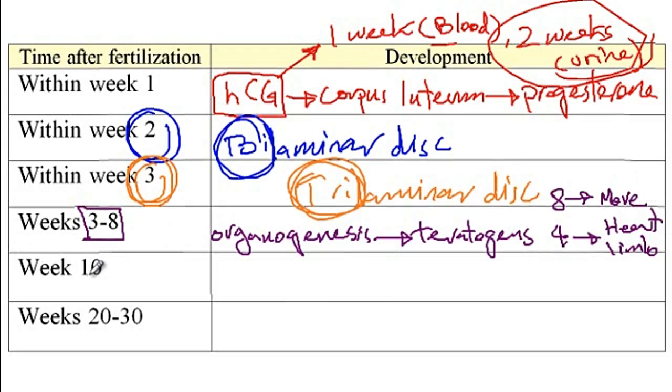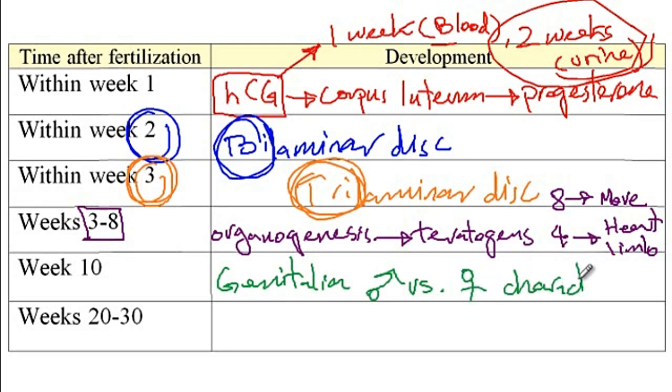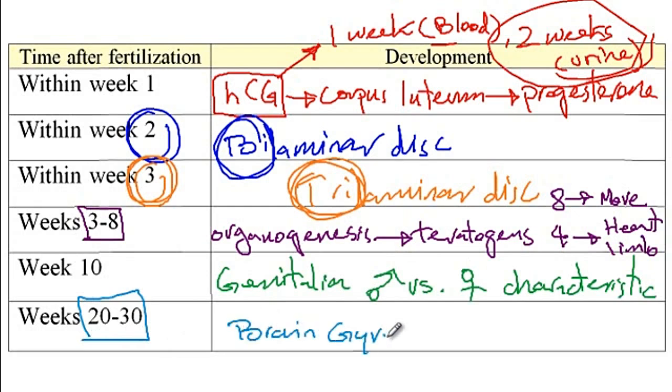And then we have week 10, during which period the genitalia will start to develop male versus female characteristics. And finally, around weeks 20 to 30 post-fertilization, that's the time that brain gyri will be formed.